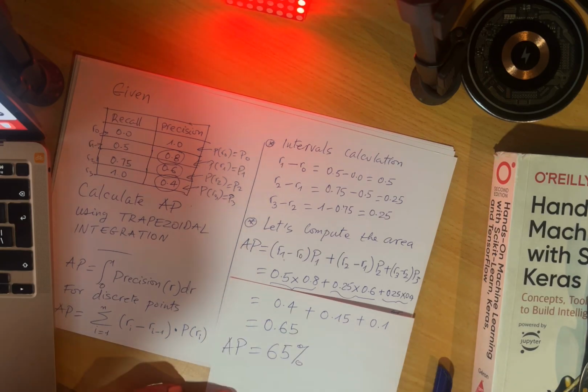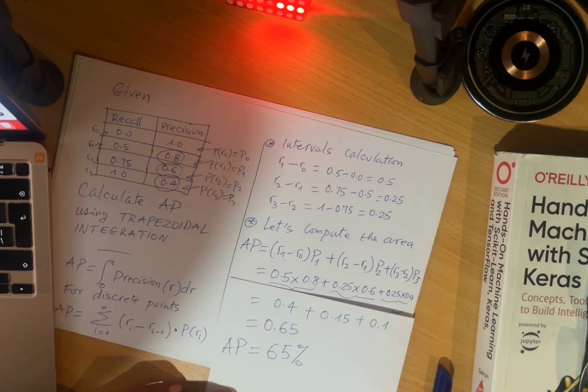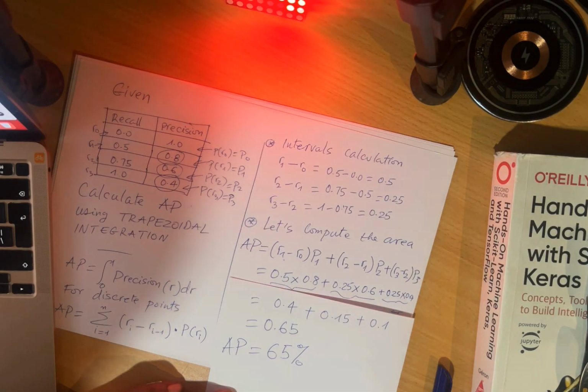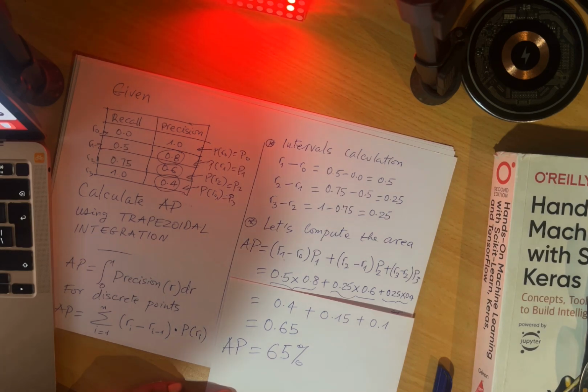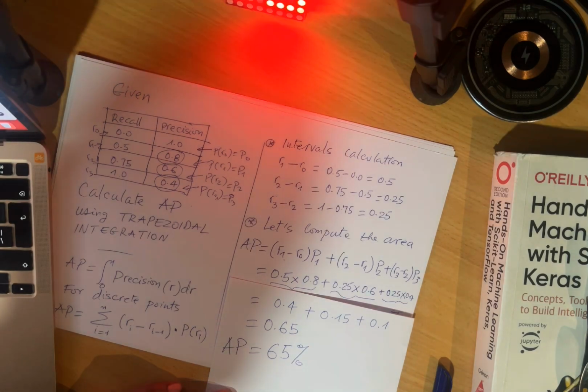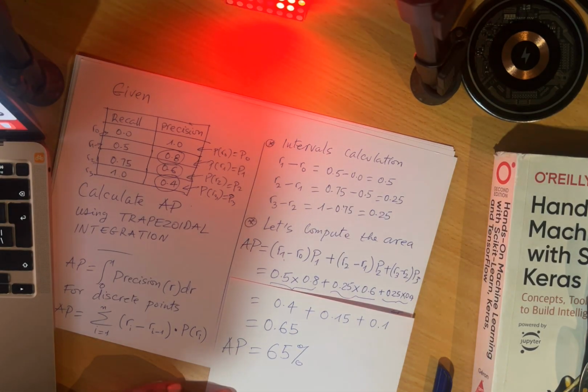Okay, so this is the manual calculation. I hope everything's clear. And you may ask me, why do we have to calculate this while the model does it for us? But if you're aiming to write your own model, you need to know how a model does what it does.